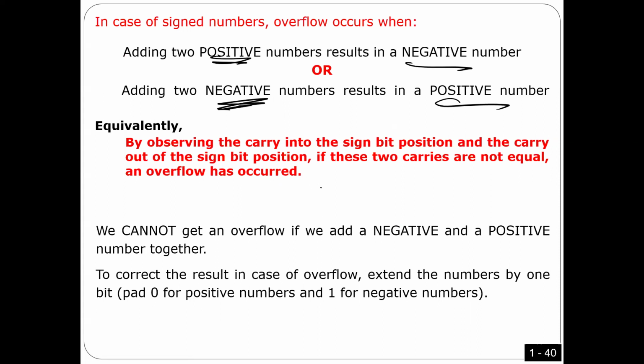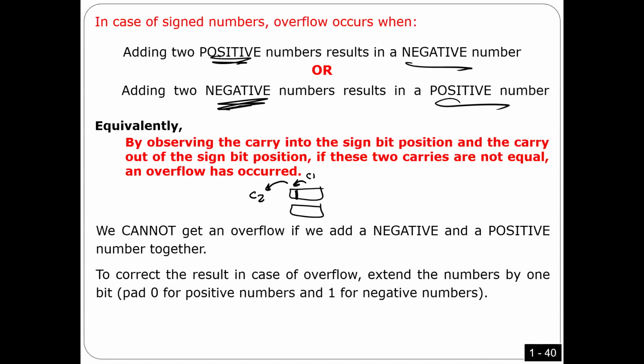For example, I have a number this way. You can see if there is a carry here; I'm going to call it C2. Also, I'm going to see if there is a carry here: the last two carries, the carry out of the most significant bit and the carry into the most significant bit. I'm going to call that one C1. This is another approach. I'm going to look at these two carries.